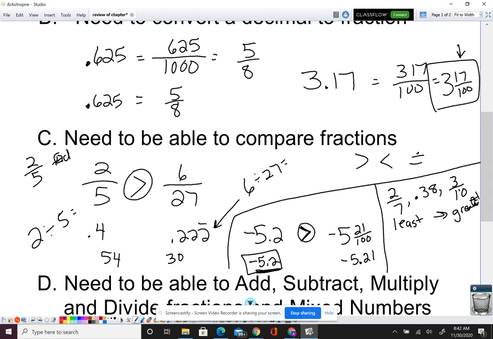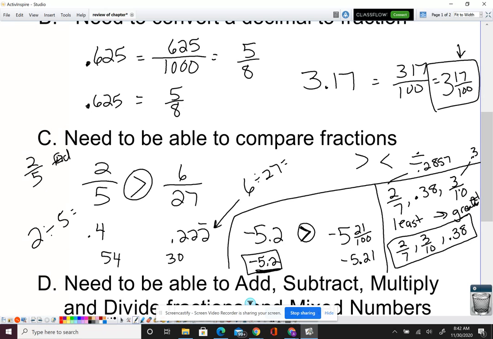So when I divide 2 by 7, I get 0.2857. 3 divided by 10 is going to be 0.3. So going least to greatest, 2/7 is our smallest one, 3/10 is our next one, and 0.38 is our last one as the greatest.